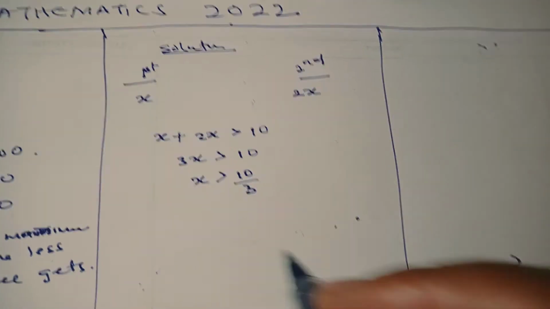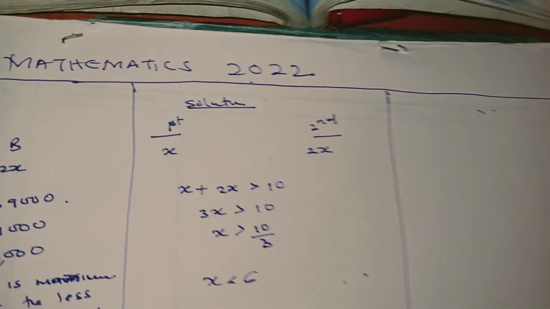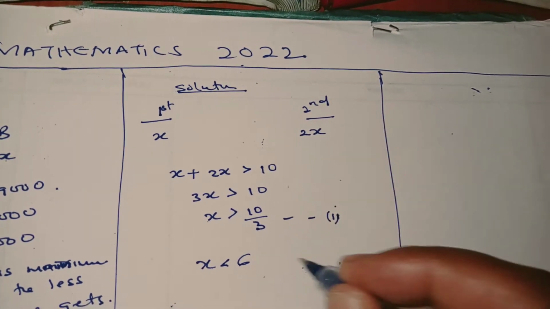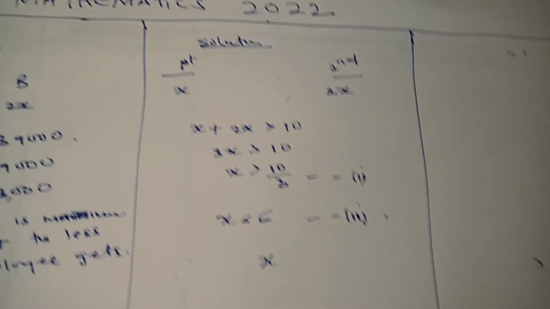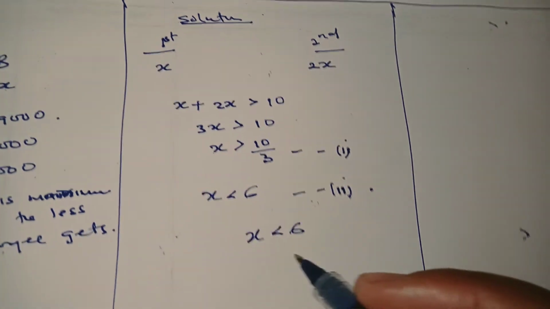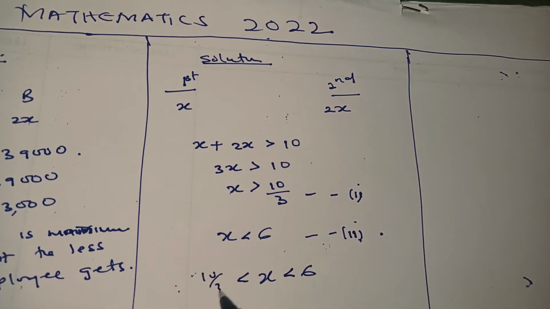Okay, so the first integer, which is x, is less than 6. So if you combine these two simple linear inequalities, we can have this compound statement which says x is less than 6, and this x should be bigger than 10 over 3.